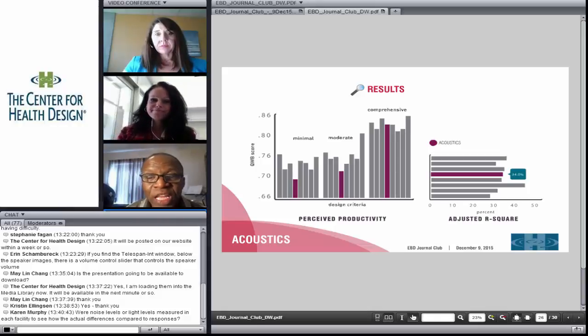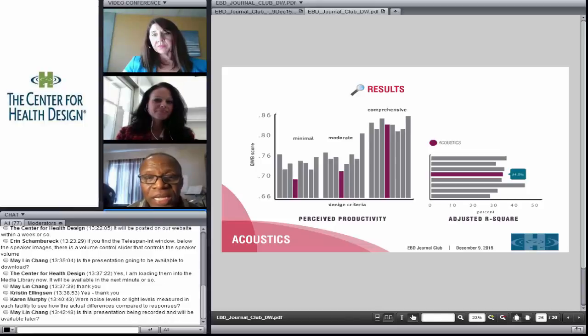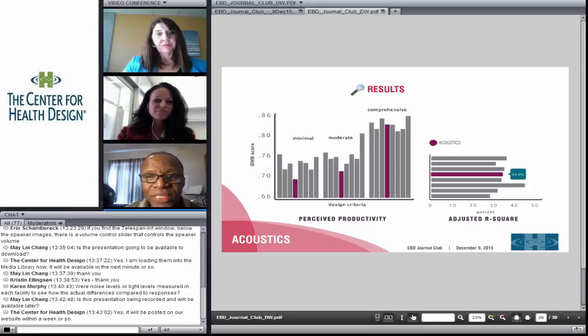But again, in comprehensive, it's just very different than the others, and the amount of variation being explained is quite a lot. So when you have just a little bit of changes to affect acoustics, it didn't make a difference in productivity. But when you went fully locked and loaded on the comprehensive, it did make a difference in productivity.